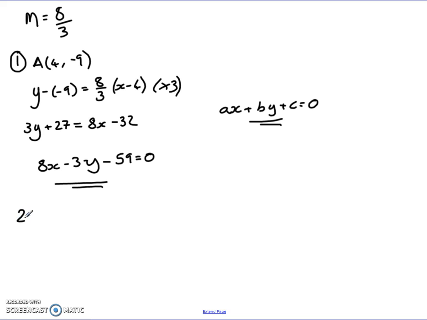But would it work that same way if I use my midpoint? Well, let's have a look and see. So let's take a version where I use my point M, which we remember was calculated as 7, negative 1. So in this case, I'd have y take away negative 1 equals, my gradient would still be the exact same, 8 over 3 bracket x, but this time it would be subtract 7. Same set of steps. Get rid of the fraction as quick as we can, times absolutely everything by 3.